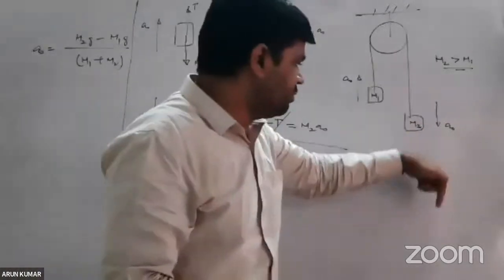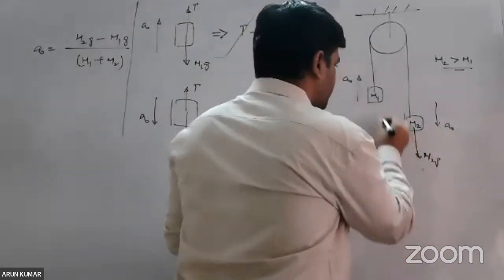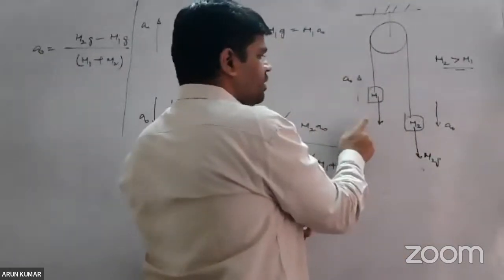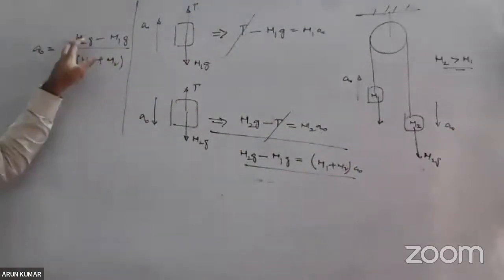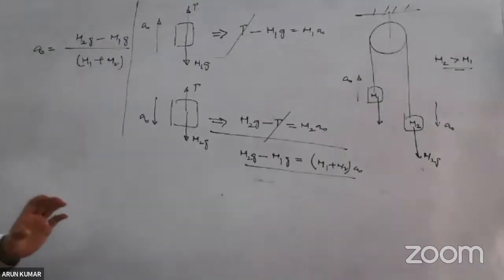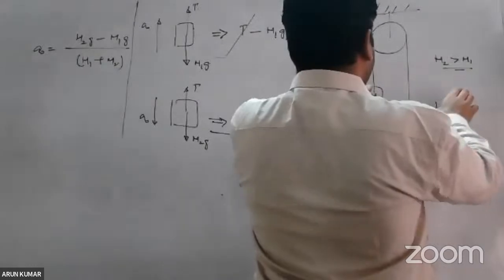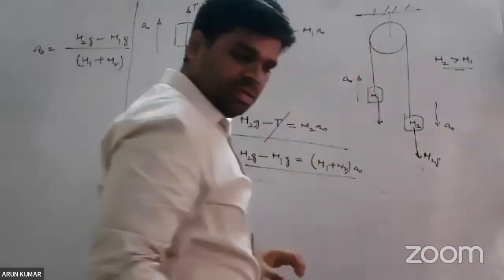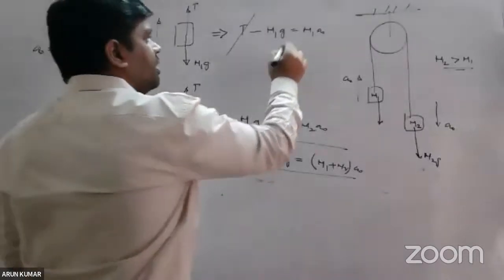Net supporting force is M2G. This is opposing, no? This is supporting the motion, this is opposing the motion. So supporting force M2G minus opposing force, by total mass, is the acceleration. You can compare this with the previous problem like this. I'll hypothetically make it horizontal.